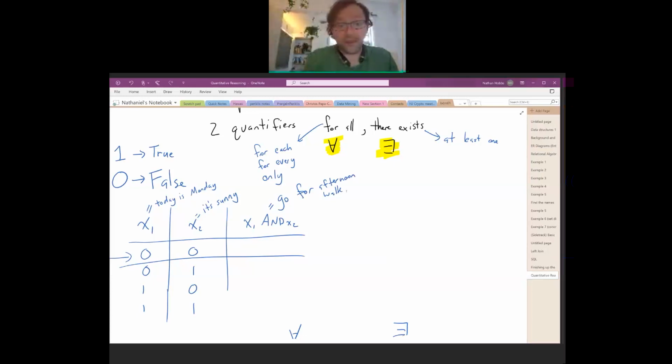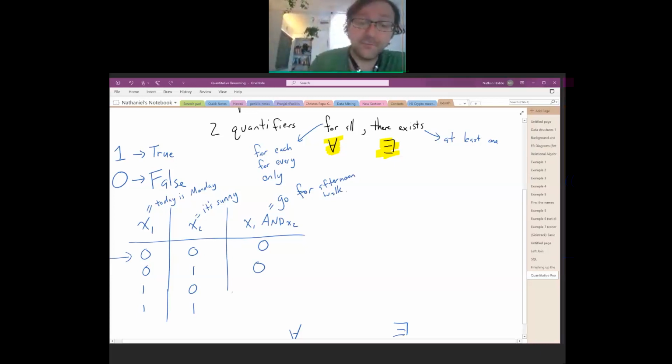Here, if it's 0, not Monday, and it's 0, not sunny, well, then I'm not going to go for a walk. I'm only going for a walk if it's Monday and if it's sunny. So if it's just sunny, I'm not going to go on a walk. If it's just Monday, like in this third line, I'm not going to go on a walk. But in the fourth line, if it is Monday and it's sunny, then I will go for a walk.